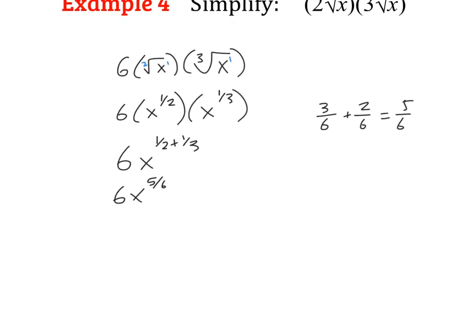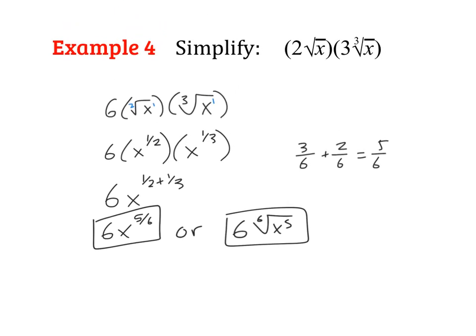And we can leave it like this, or we can rewrite our x term as a radical. We can say 6 times the 6th root of x to the 5th. Either way is fine. So just remember, sometimes when you're working with radicals, it can be helpful to rewrite them with a rational exponent to see if there's more that you can do to simplify.